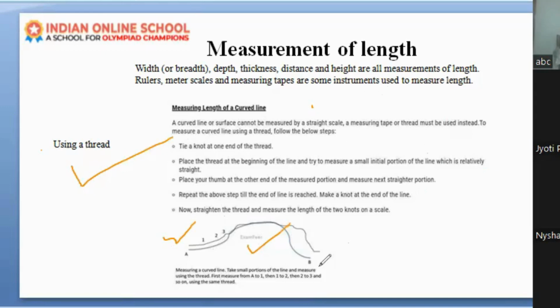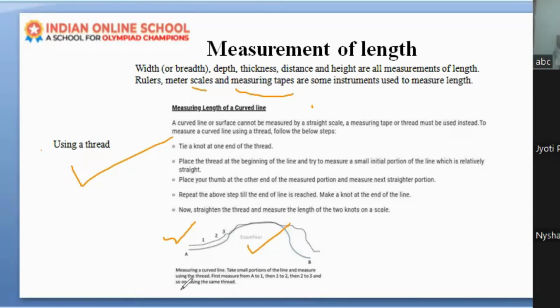Second, if the surface is curved, you can use a measuring tape. So there are two ways to measure a curved surface: by using a thread with a scale, or by using a measuring tape. I hope I am very clear to you all on how you can measure the curved surface.